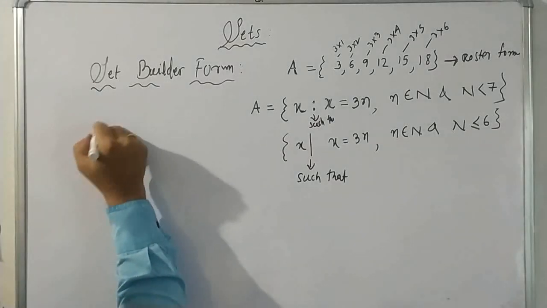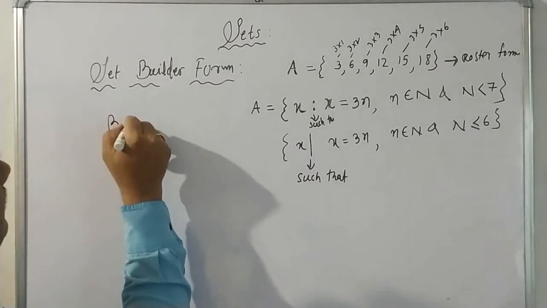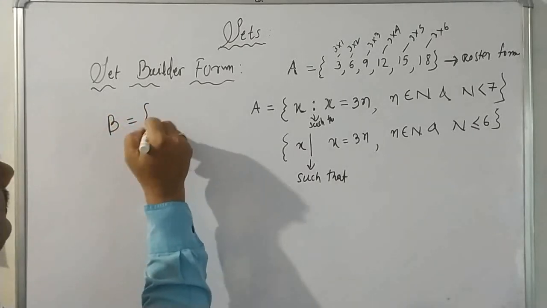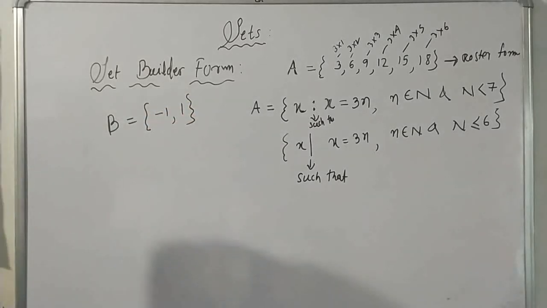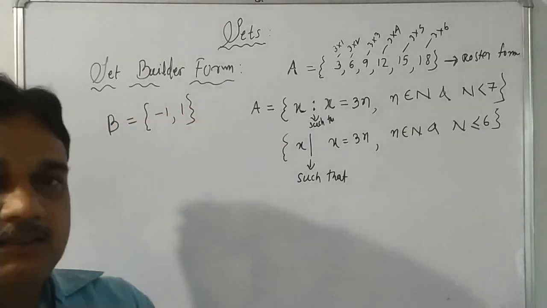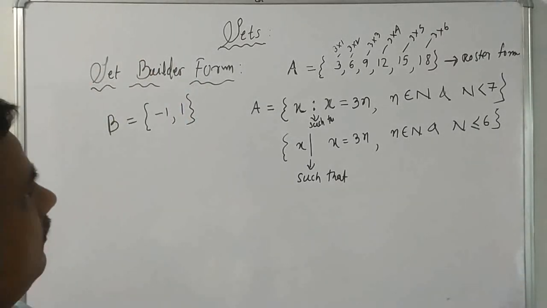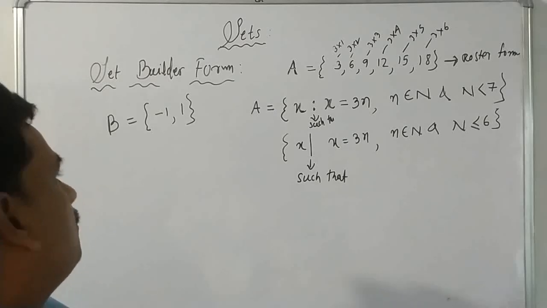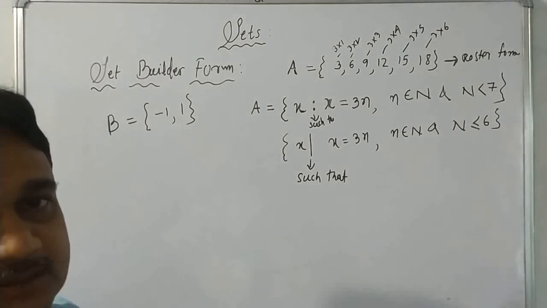Another one, b. It is given like this: minus 1, 1. Only two elements are there. We have to write it in set builder form. So how to make it? Okay, see what is the common property.